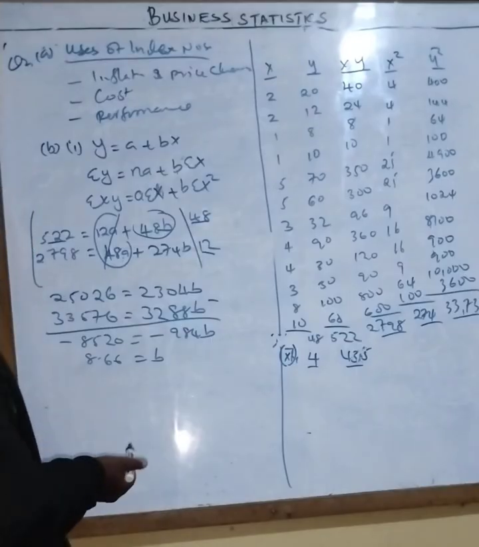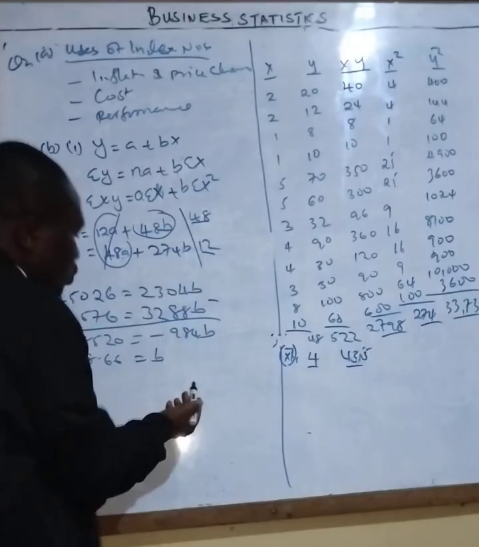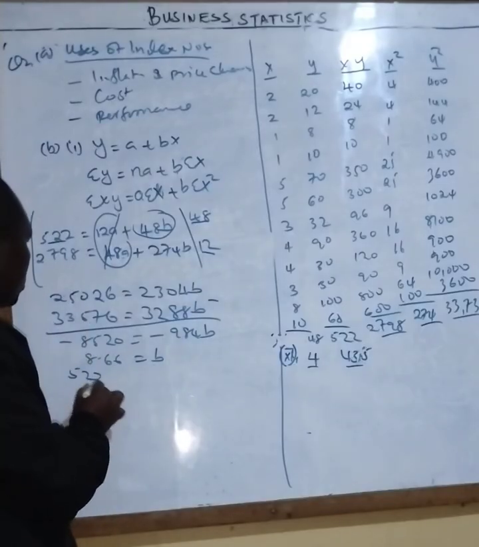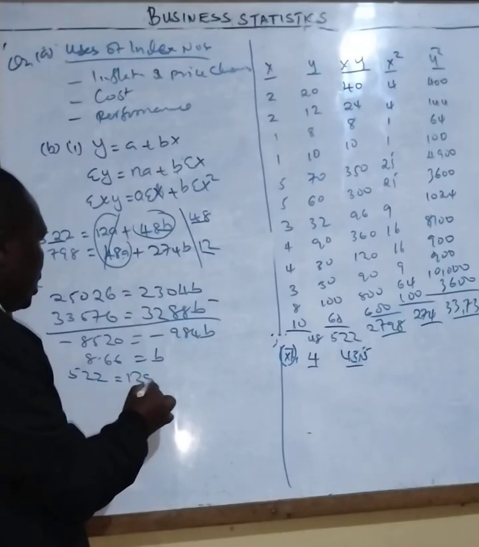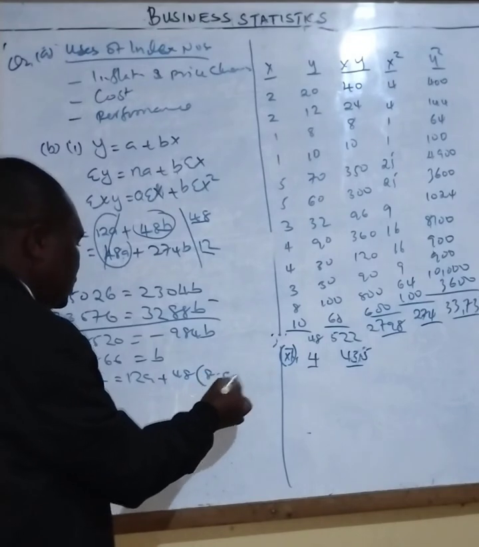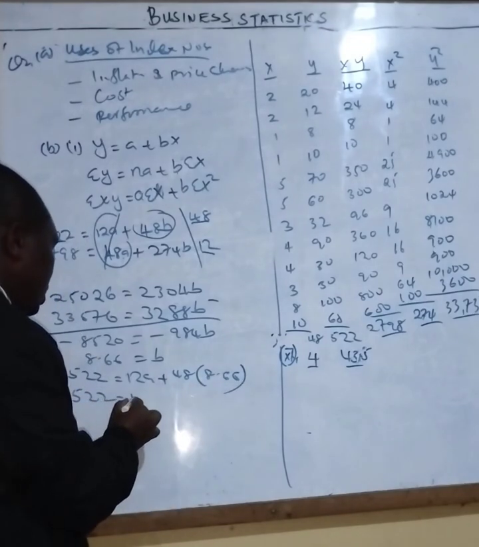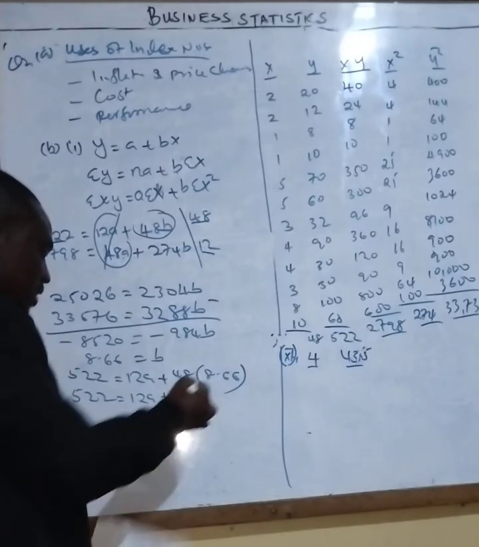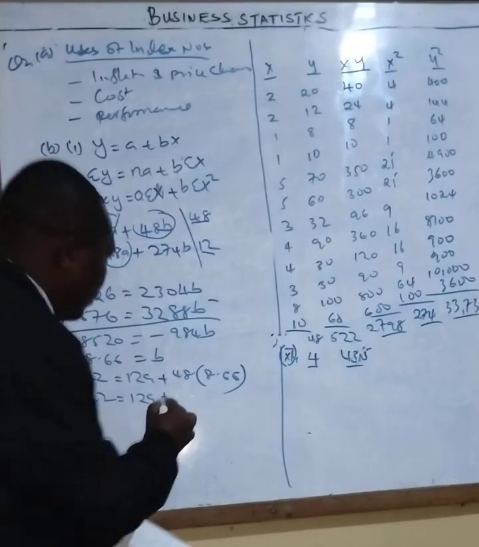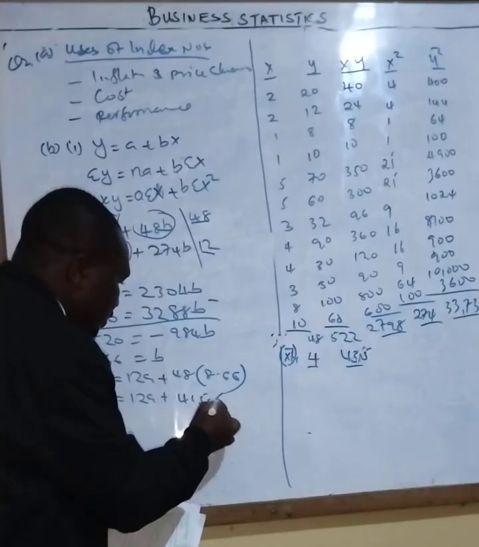Correct? Once you have this, pick any equation, either equation 1 or equation 2, to substitute. Let me pick equation 1, which is 522 equals 12a plus 48 times b, which is 8.66. Now work out that equation, class. When you work that out, you get 415.68.